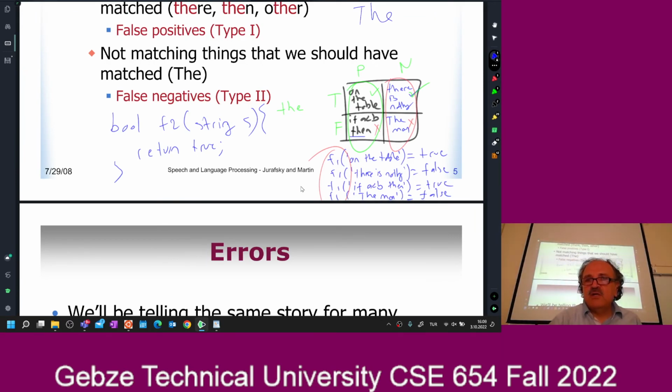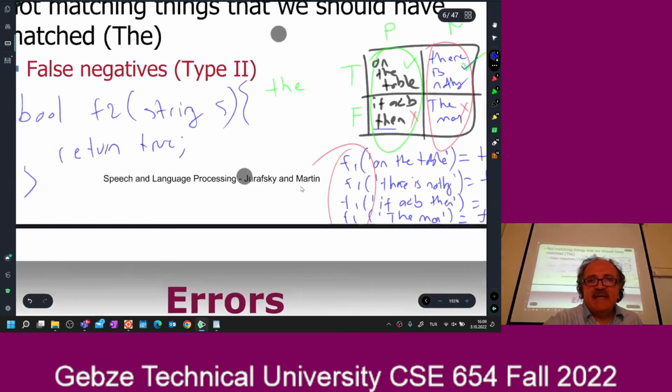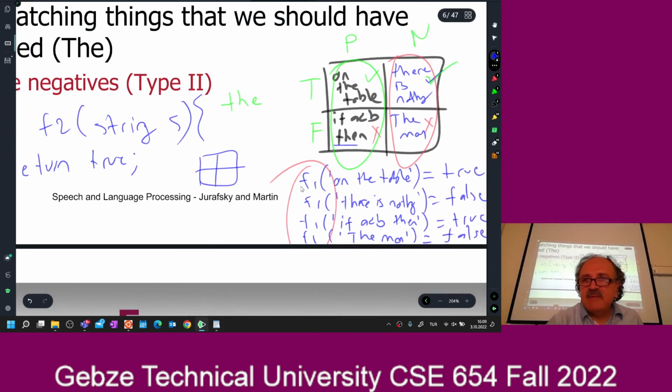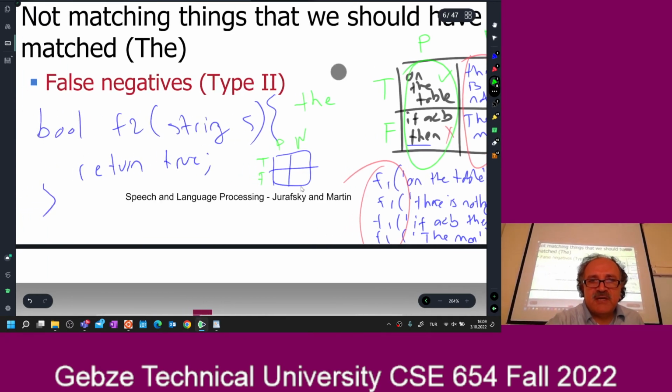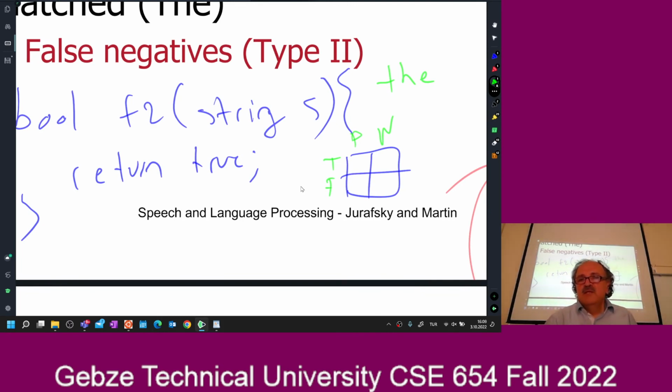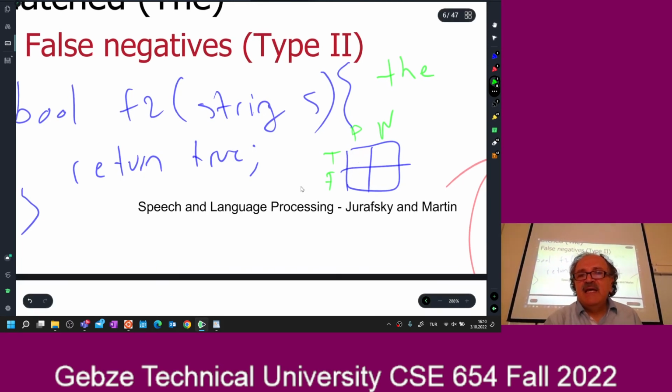Okay, so if I look at the false positive, true positive table of this function, remember this is positive, negative, true, and false. So at the true positives box, let's say I ask lots of questions to this one.